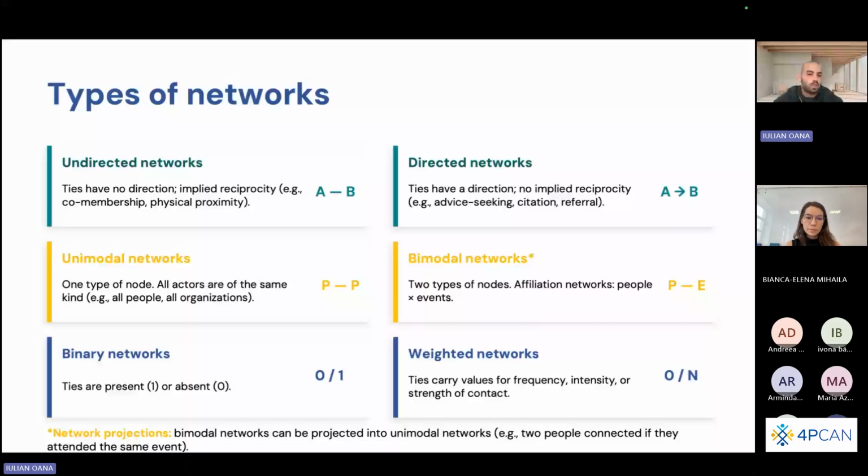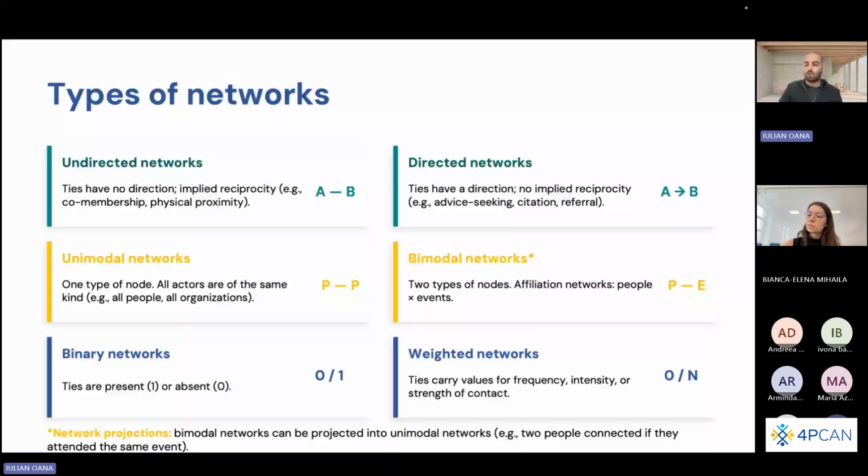we also talked about this distinction between unimodal networks and bimodal or multimodal networks, where the distinction is given by the number of entities, or better said, the number of types of nodes in the networks. In unimodal networks, all nodes are in the same ontological category.